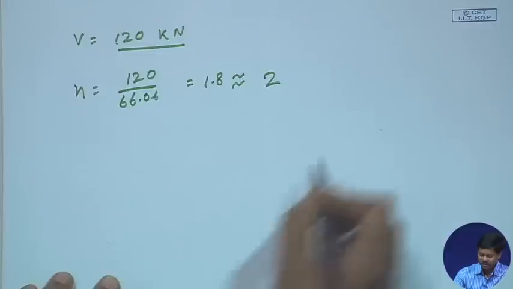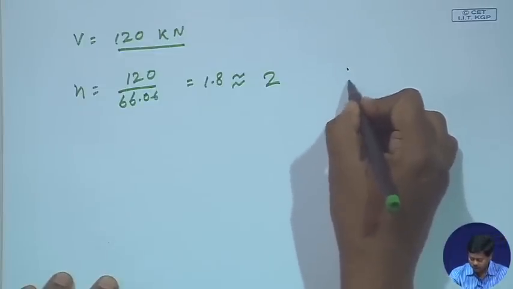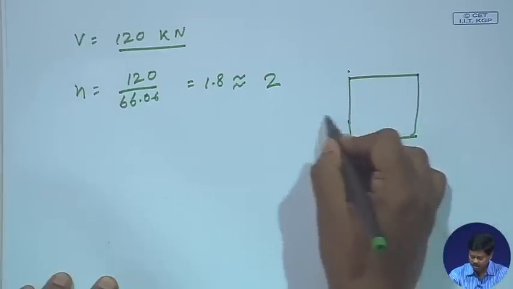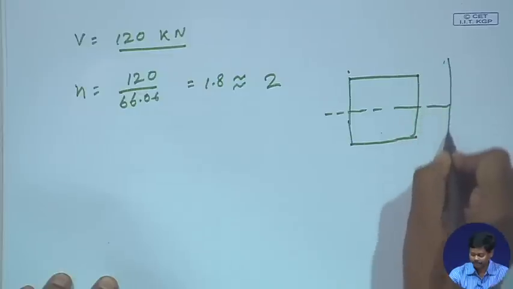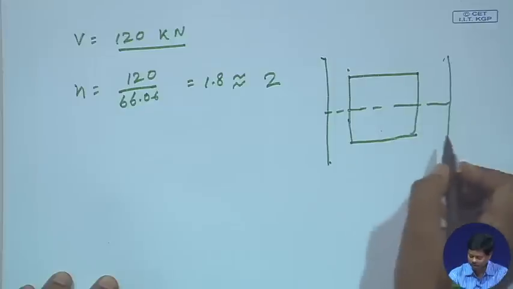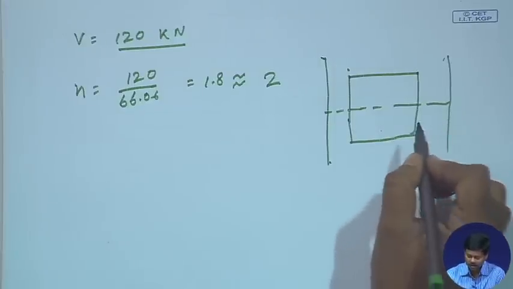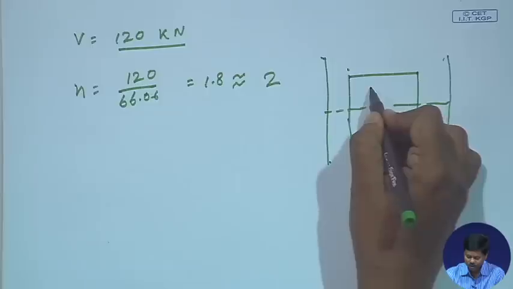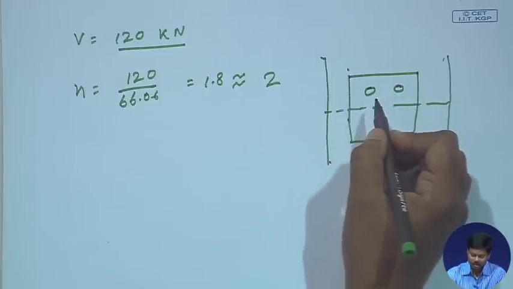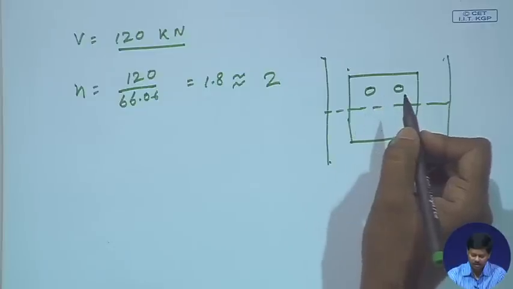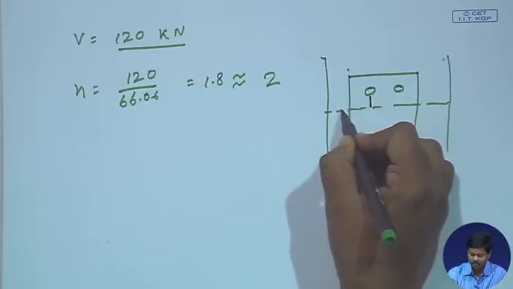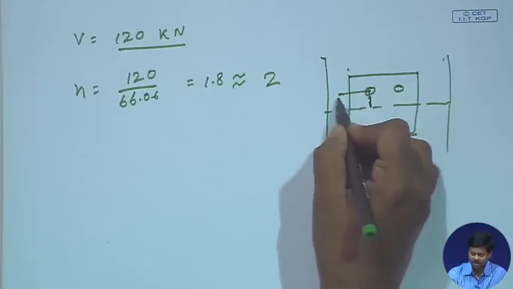So, if we draw 2 bolts, and this is a splice plate and this is the column, this is the web of the column, and we provide 2 bolts on each side, then we can find out the length. The length will be, this is 35, because the edge distance is 35.